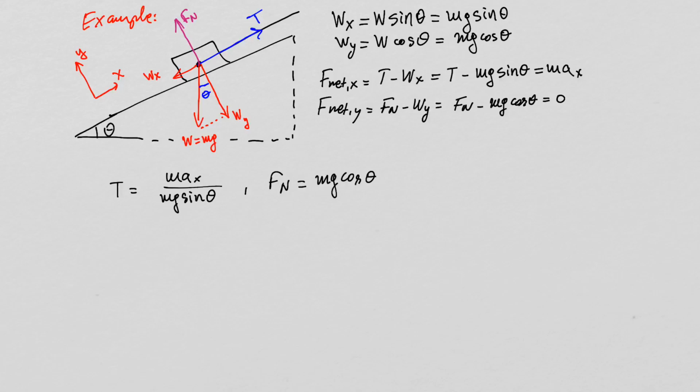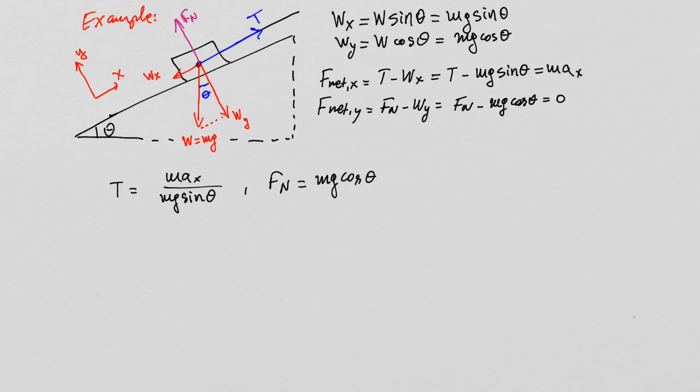Now, if you wanted to find the acceleration and tension force if you didn't know either of the two, that would require that there is a second block connected to the rope here, similar to the previous example. So the rope will be running over a pulley, and the second block will be moving vertically up or down, in which case you can then calculate the tension and the acceleration by solving a system of equations again.